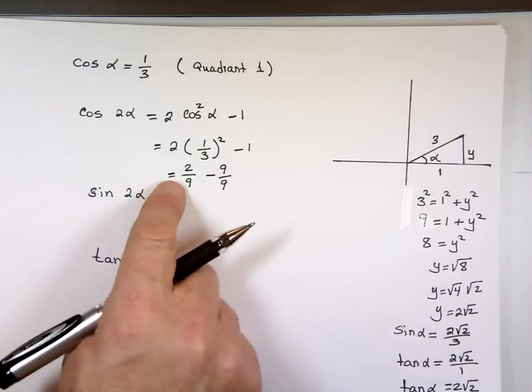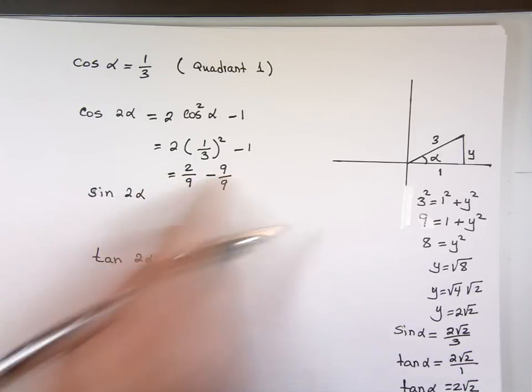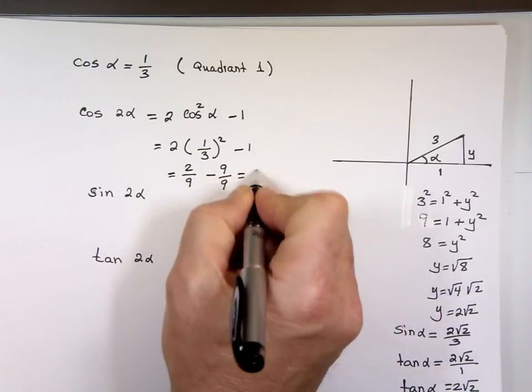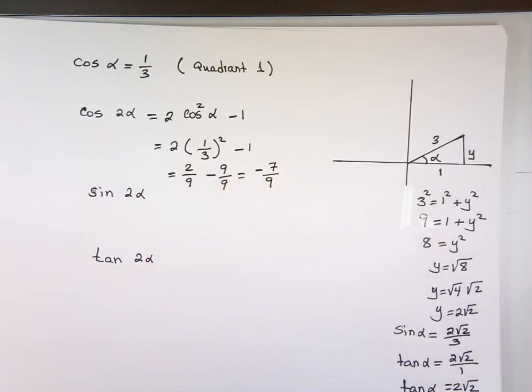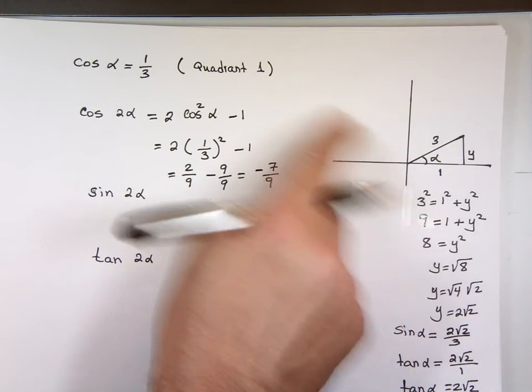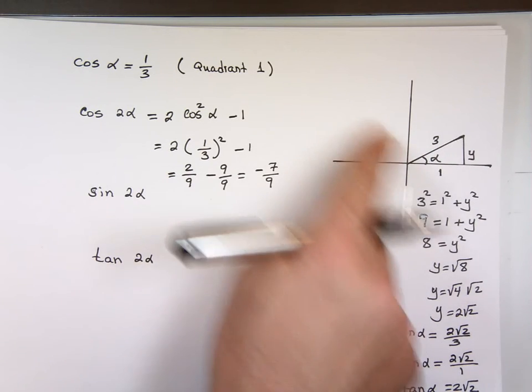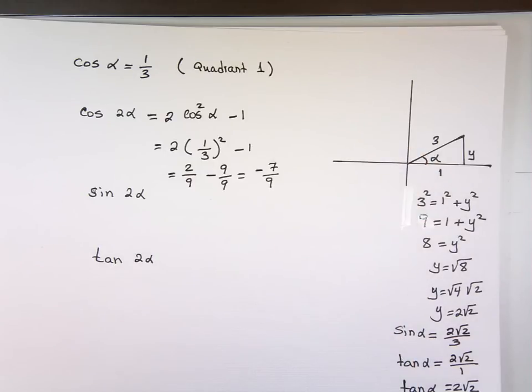What's 2 minus 9? Negative, right? Twice that angle is going to put it in quadrant 2 here. So that's why the cosine is negative.